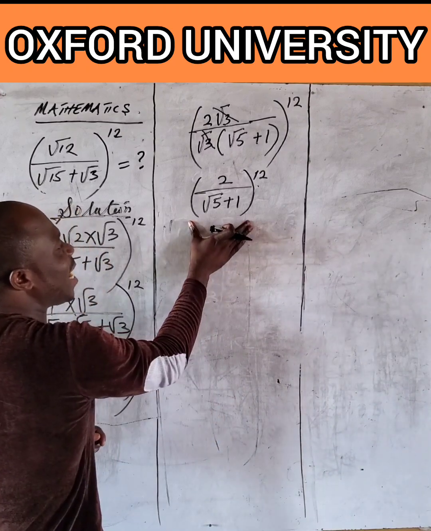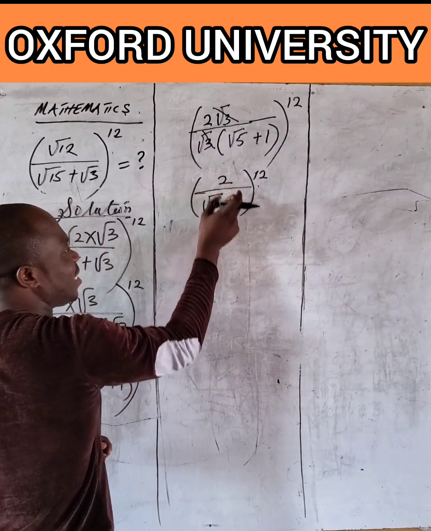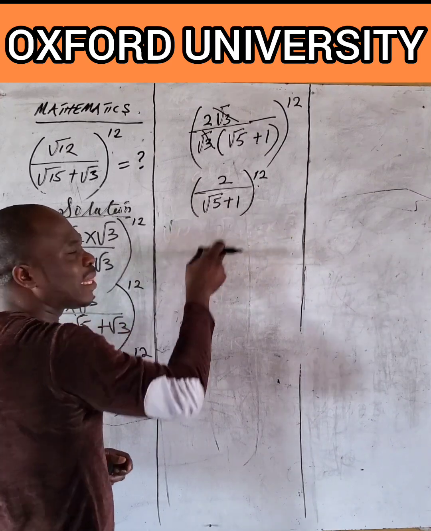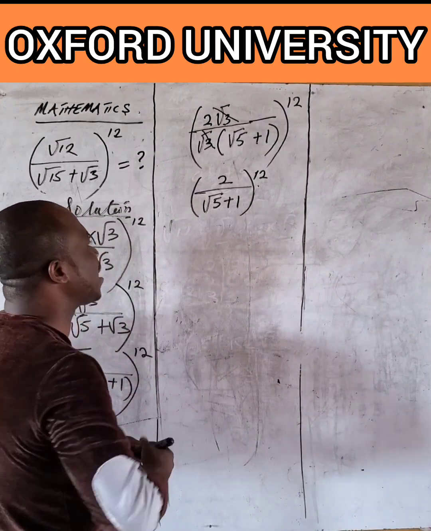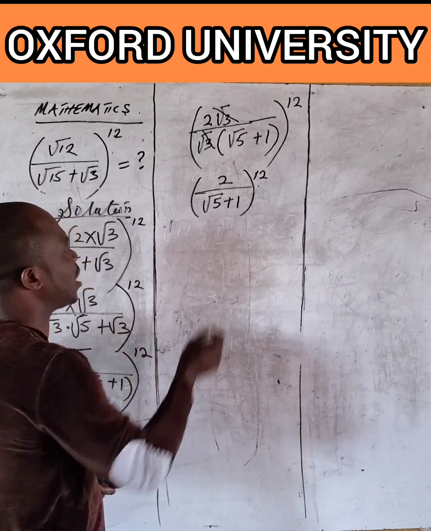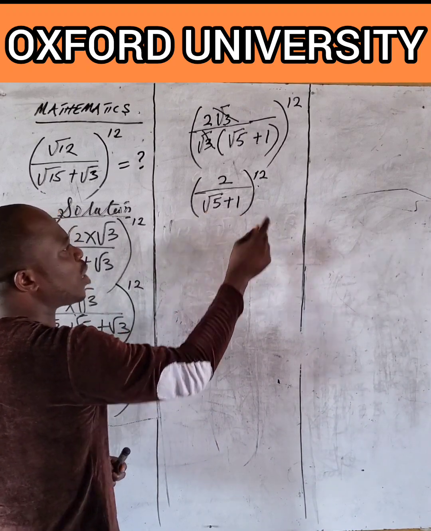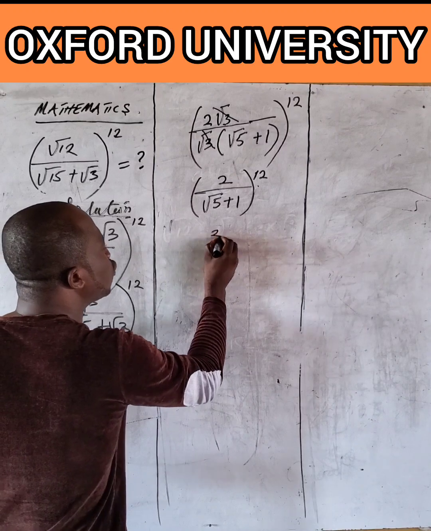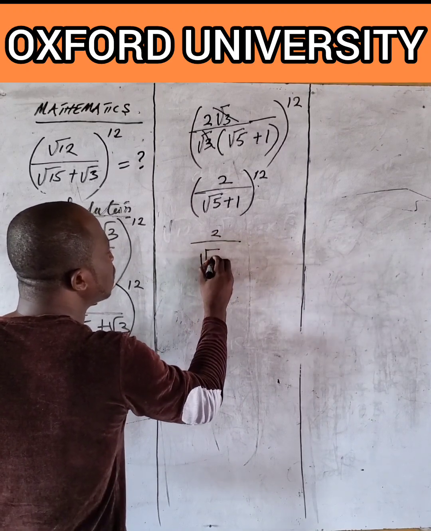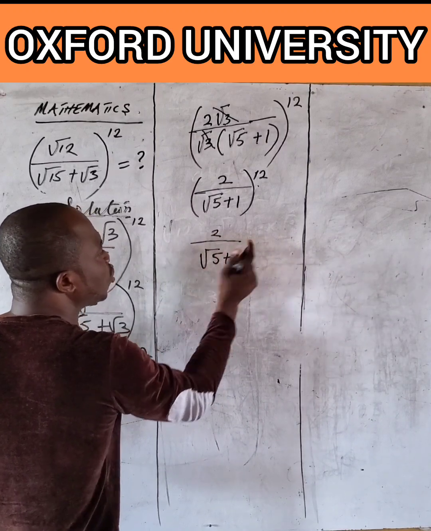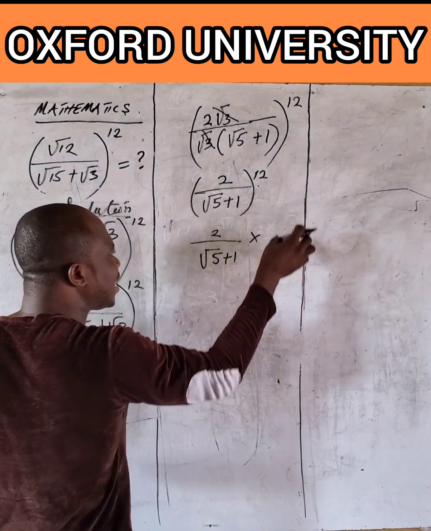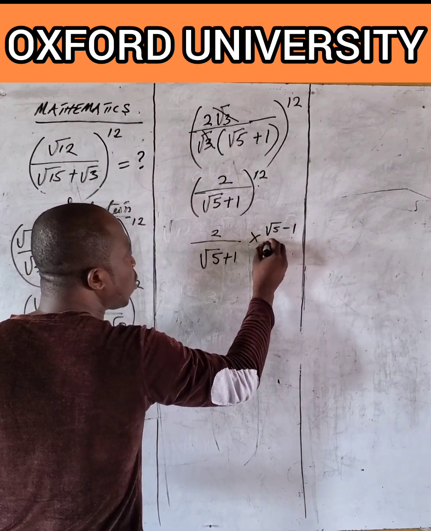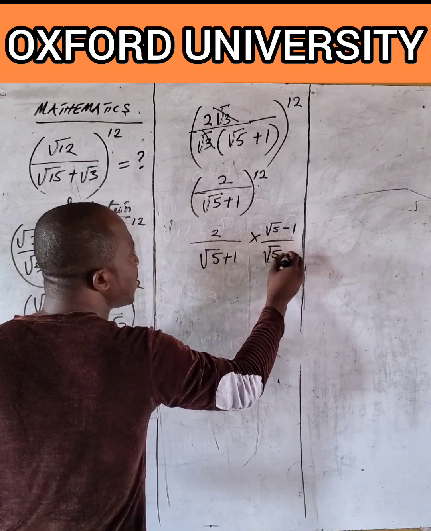Now, when we have something like this, we are going to rationalize. We have 2 all over root 5 plus 1. Because of the root 5 at the denominator side, we will rationalize. Remember our conjugate. Of course, this conjugate, we are going to rationalize, but the sign will change. As such, we'll be having 2 all over root 5 plus 1. This conjugate will be multiplied up and down. That means we'll be having root 5 minus 1 all over root 5 minus 1.